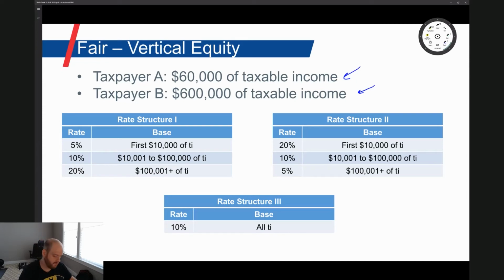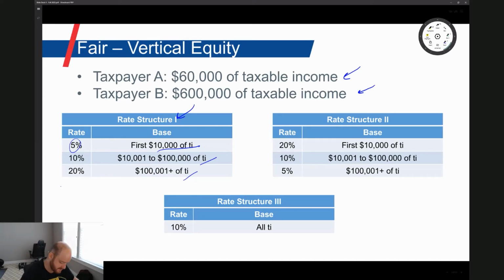For rate structure 1, the first $10,000 of taxable income is taxed at 5%. The next $90,000, so from $10,000 to $100,000, is taxed at 10%, and anything above $100,000 is taxed at 20%.